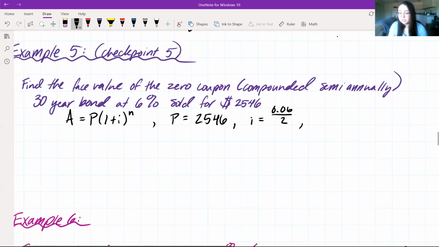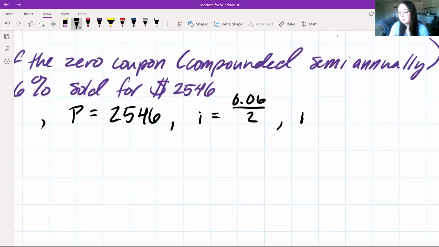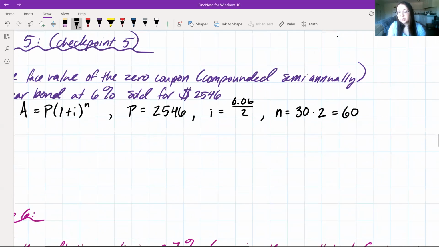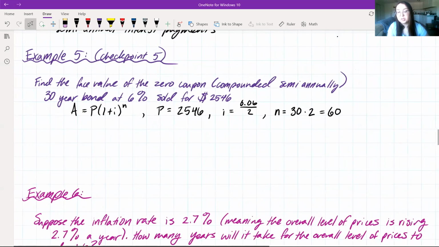And then, since we're doing semi-annually for 30 years, that means twice a year for 30 years. So N is equal to 30 times 2, or 60. So your N value will change depending on how many times per year and then the amount of years.